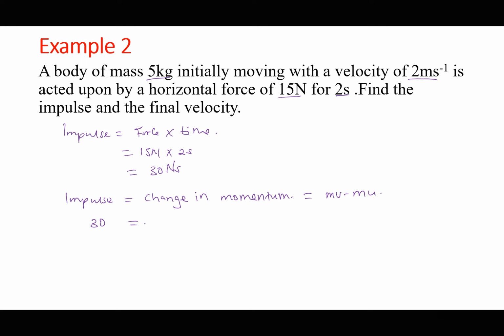So this is m times the final velocity v minus the initial velocity u. So 30 equals the mass, which is 5, times (v minus 2). So we just divide. v is going to be equal to 30 divided by 5 plus 2, which is 6 plus 2, which is 8.